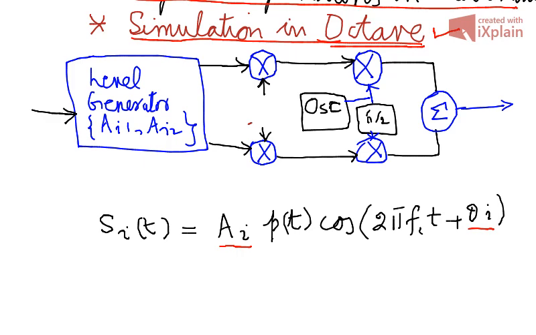This pair should be unique for each s_i of t.